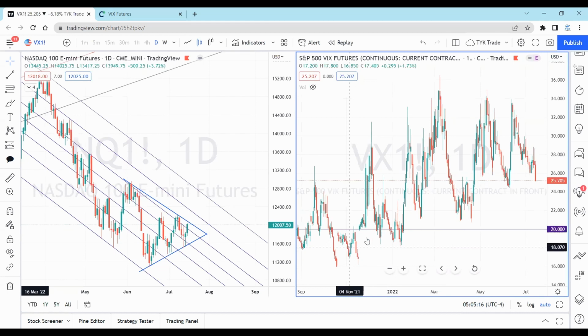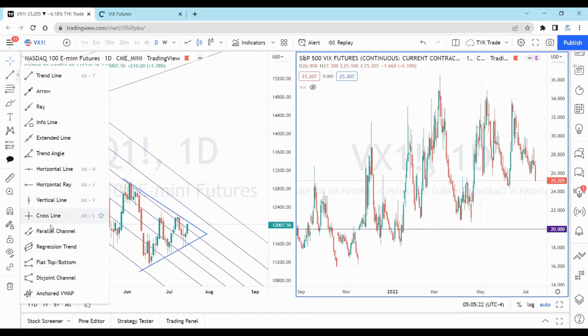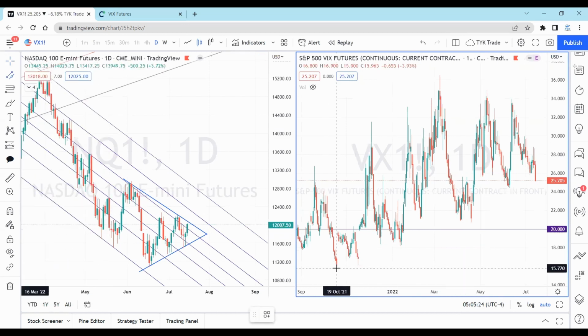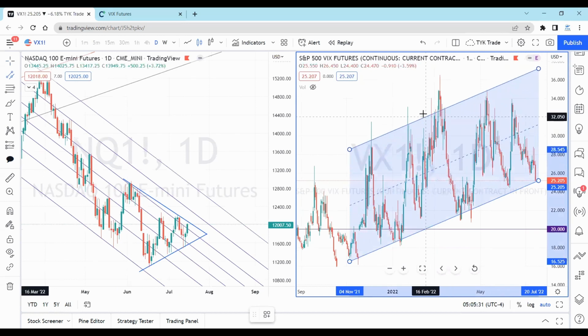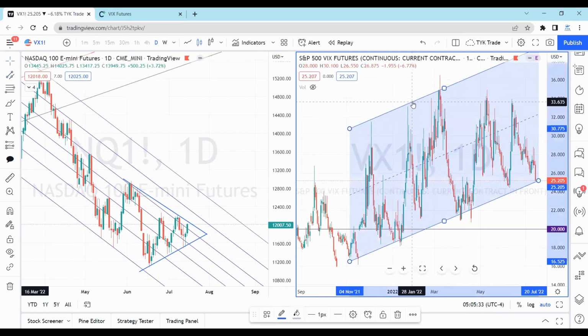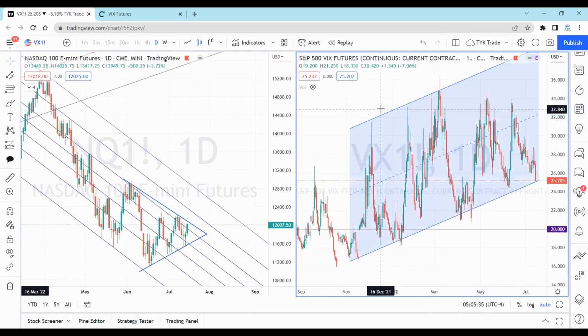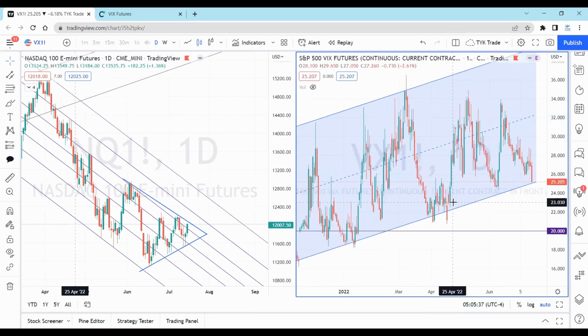And since then, it has been making higher lows, higher highs. Except now. I won't count my chickens before they hatch. Now's the only time we made lower highs on the VIX, but still not lower lows.